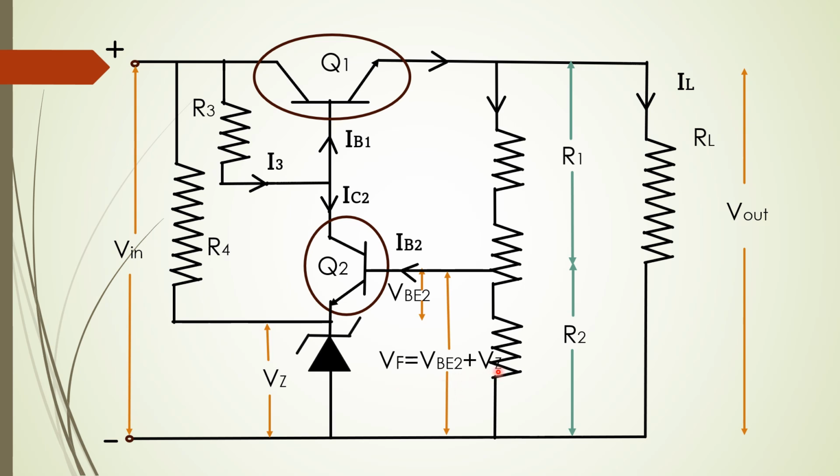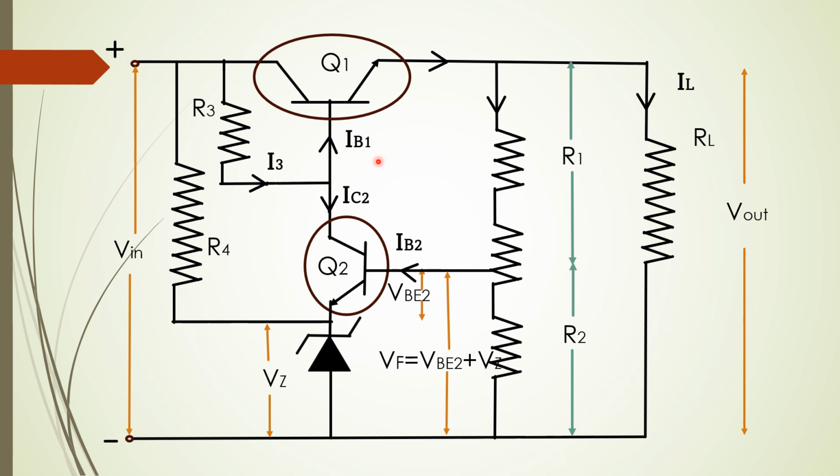Since Vz is constant, there will be a change in VBE2 and therefore IB2 changes, and because of this IC2 also increases. Assuming the current I3 flowing through R3 is constant, to compensate for the increase in IC2, the current flowing into the base of Q1, IB1, will decrease.